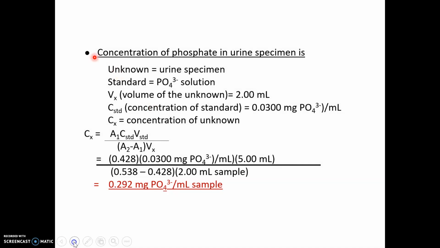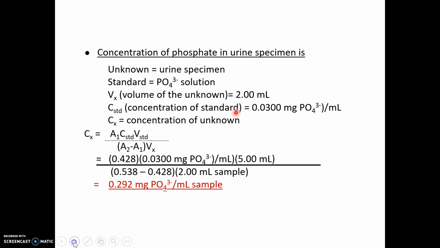In this slide, we see how to determine the concentration of the urine specimen, or unknown sample. The unknown is the urine specimen. The standard is a phosphate solution. Vx is the volume of unknown, or our real sample, which is 2 ml for both flasks.